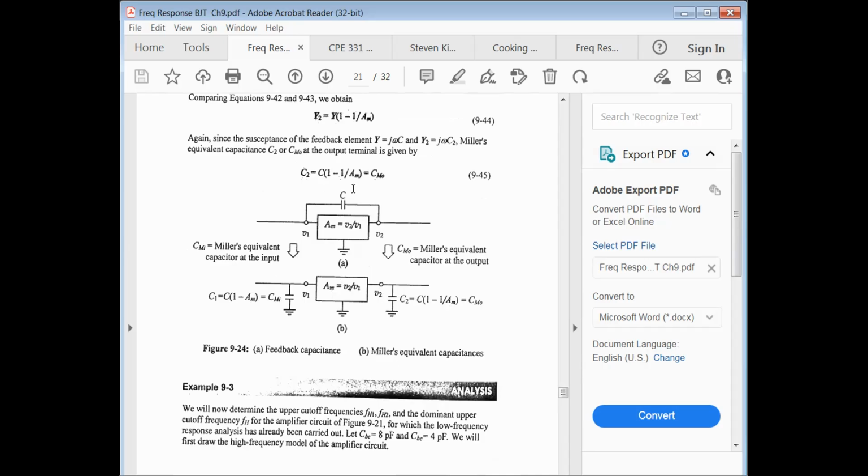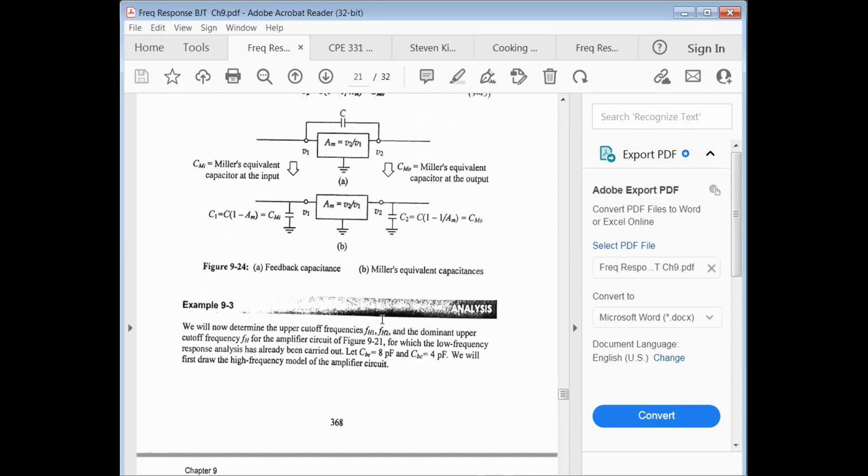And then we have the same effect as if we had this capacitance between V1 and V2. And so these C Miller in and C Miller out are called the Miller equivalent capacitances.